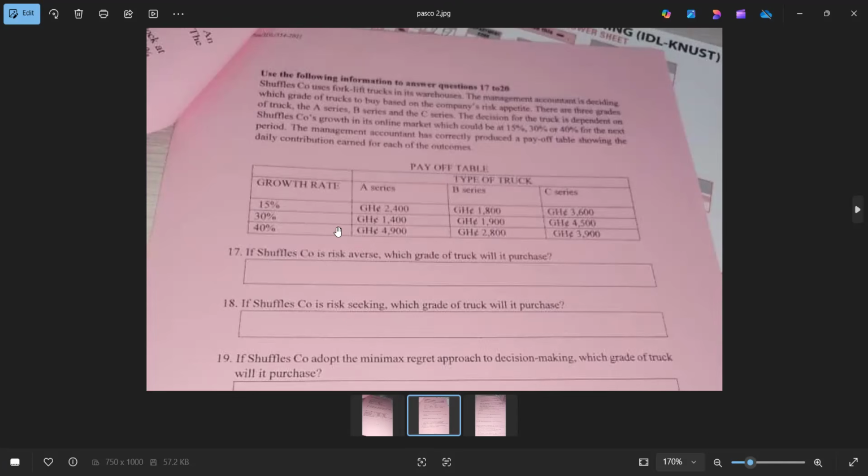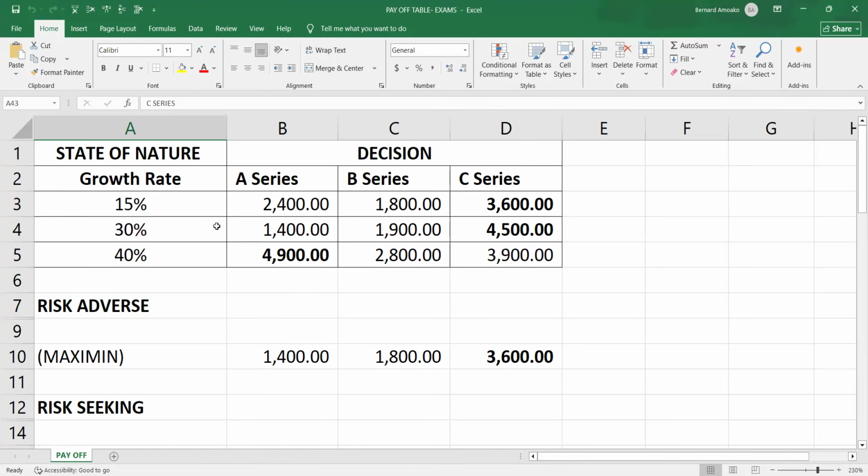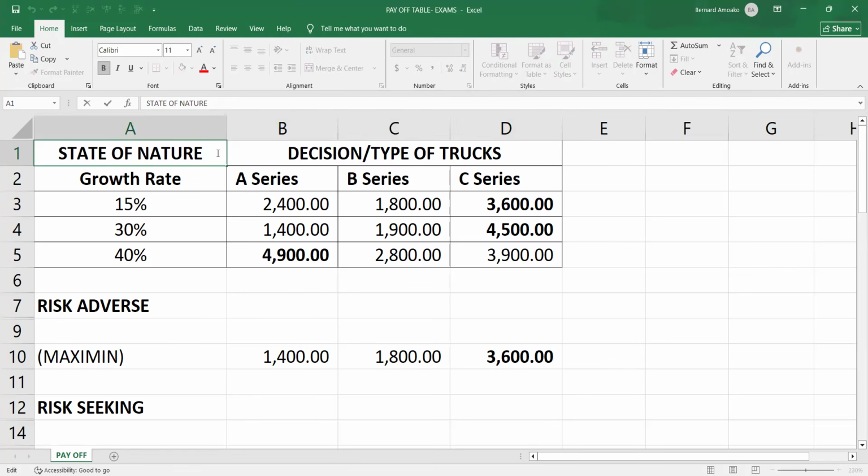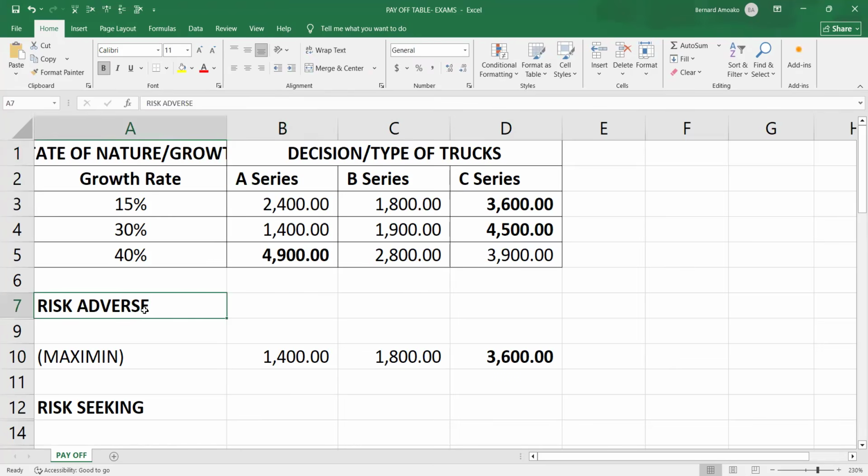Then I'm taking you to an Excel sheet. I've replicated them here, which you can see nicely. So the type of trucks is the decision, and this one was the market condition, so the growth. Now, that was for the risk averse.